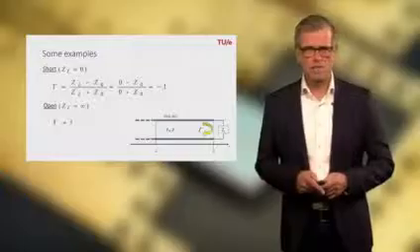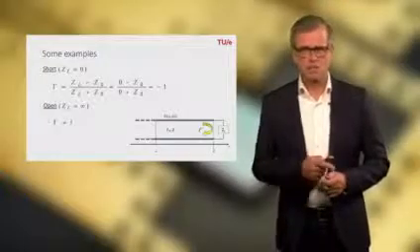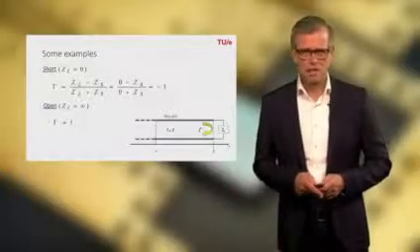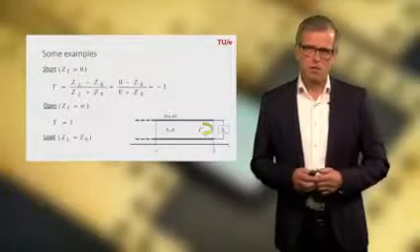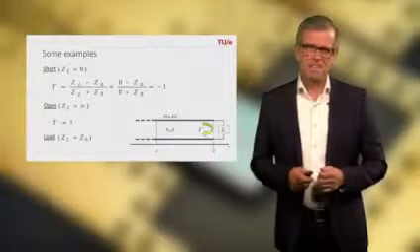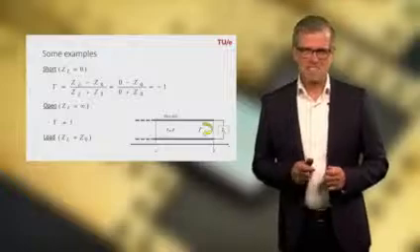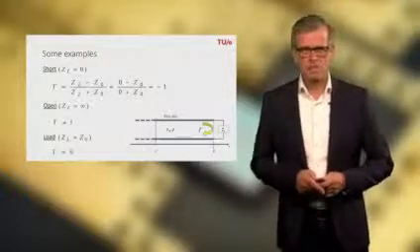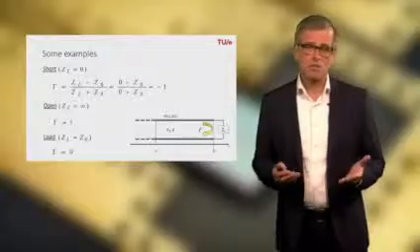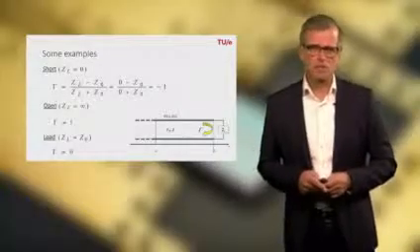So in both cases, short and open, all the energy is reflected back into the line. If we terminate the transmission line with a load where the termination impedance is exactly the same as the characteristic impedance, we see that the reflection coefficient is 0, and that is often, of course, what we would like to see.